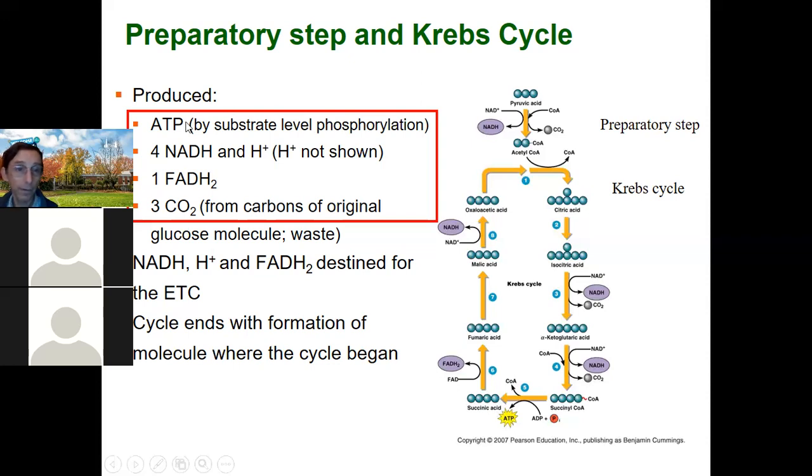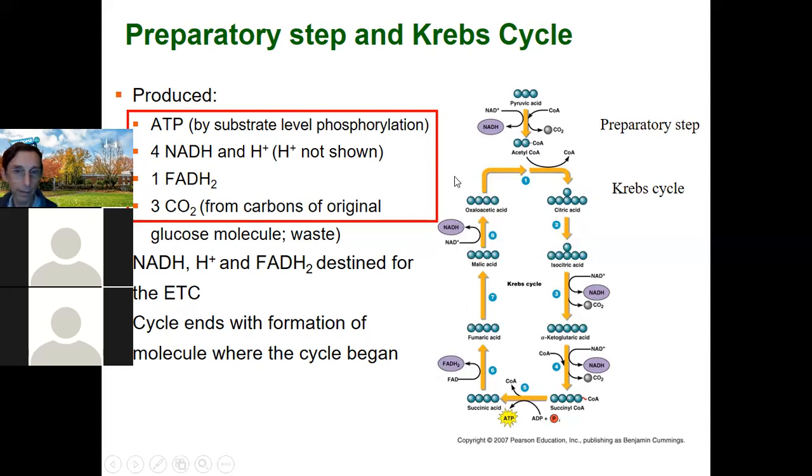All right, so you need to know what's in red here. You should know you start with acetyl coenzyme A, and then you end up really with CO2, and of course NADH, 4 NADH and 1 FADH2. I haven't talked about that. That comes off right here.